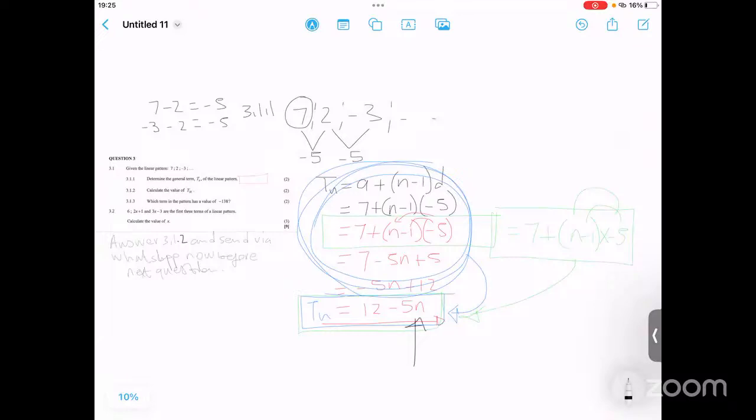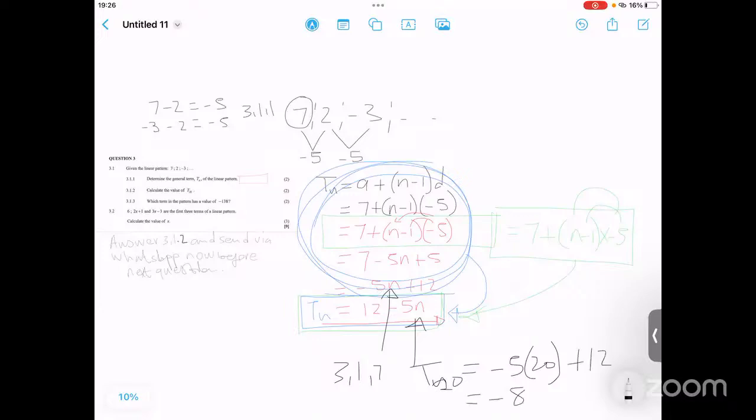Meaning in 3.1.2, we are having no longer Tn, but they're saying T20, which is equal to 7 minus, no, not that, but the final formula, which is negative 5, where you see n, you put 20 there, and then you add 12.